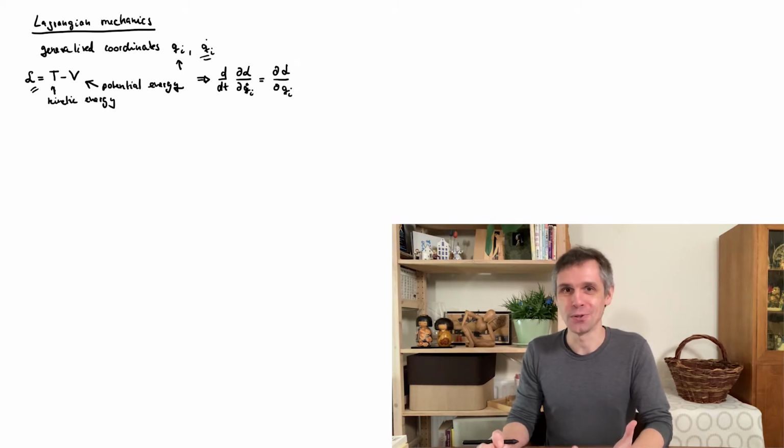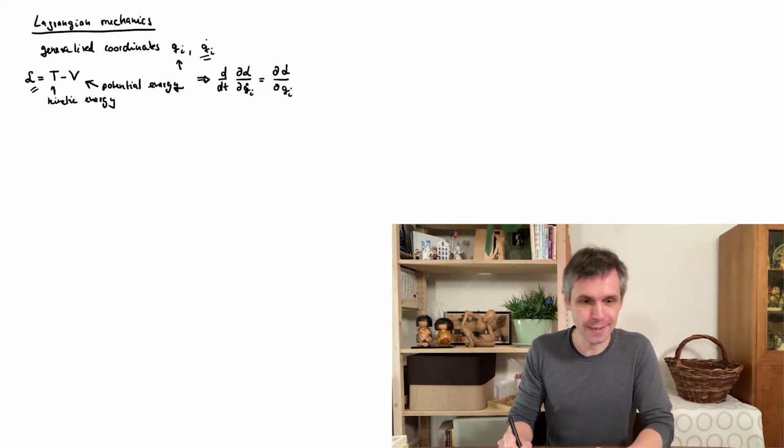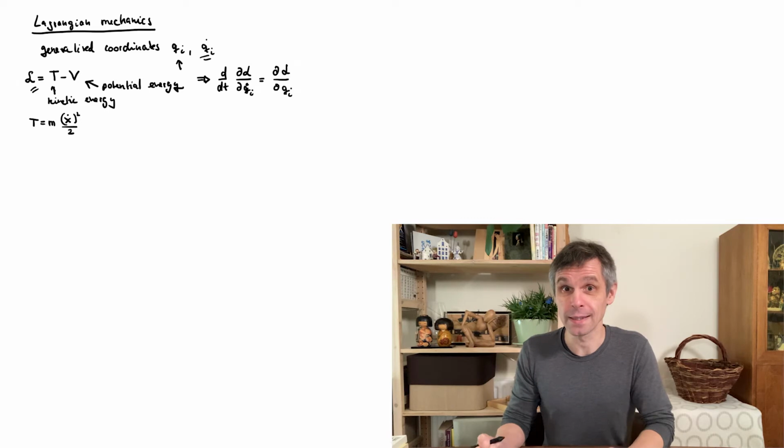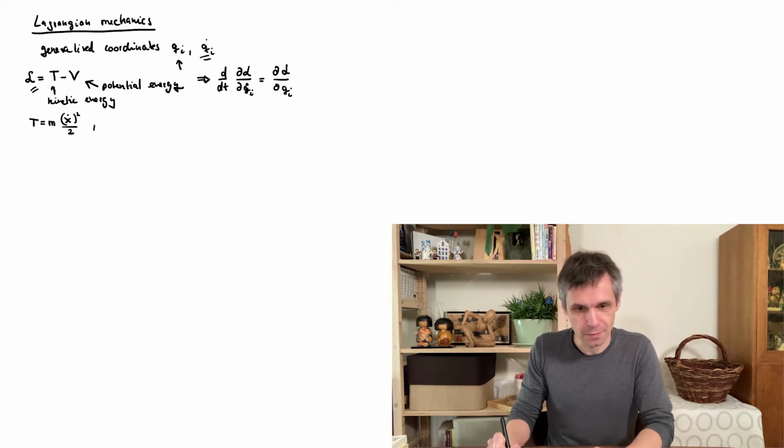So let us first see how this actually reduces to Newtonian mechanics. Let's just look at a point particle of mass m and velocity x dot. This would be the expression of the kinetic energy. And then we have some potential energy, V of x. So our Lagrangian would be simply m x dot squared divided by 2 minus V of x.